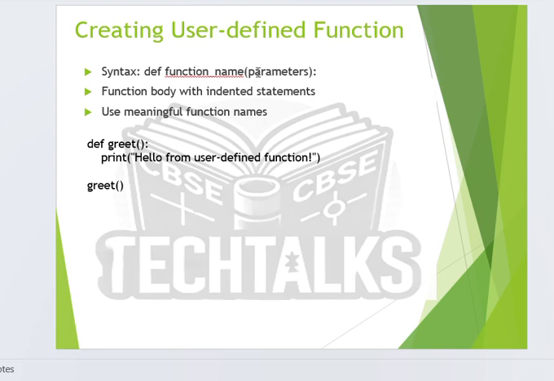You may pass parameters or you may not. Then the function body will be there with indented statements. It means all the statements within the function will be indented towards the right. So all the statements under that make the function body, and they need to be indented. Use a meaningful name, and then you have to call the function like this.